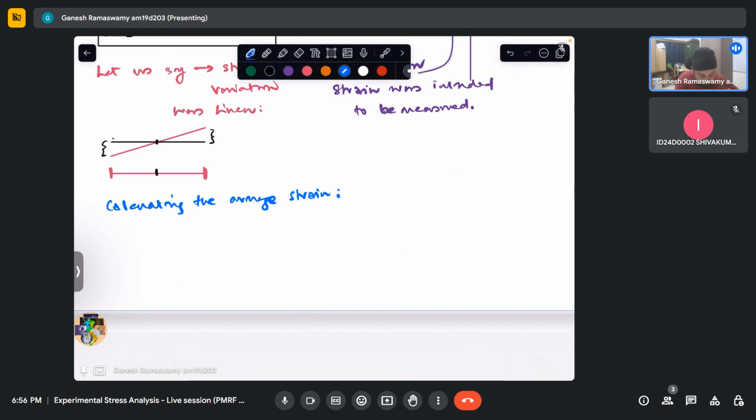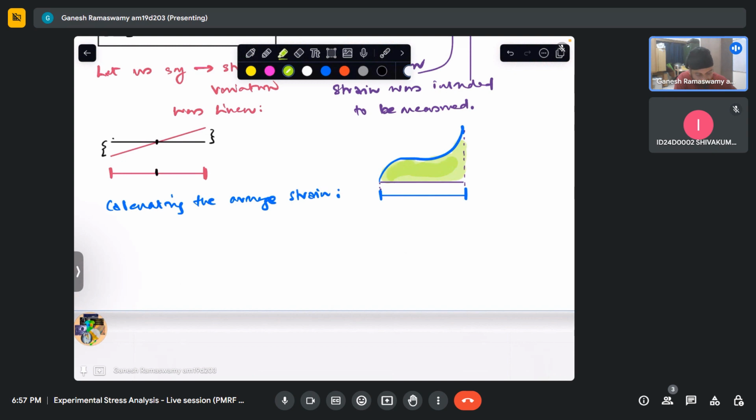What we are trying to say is, if the strain variation is like that, then this area is what we are trying to find an average of.